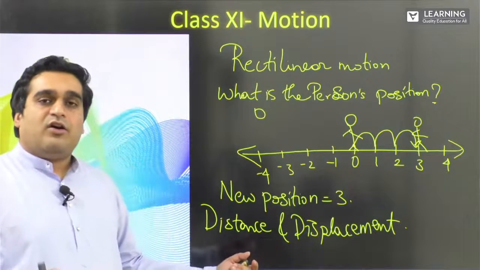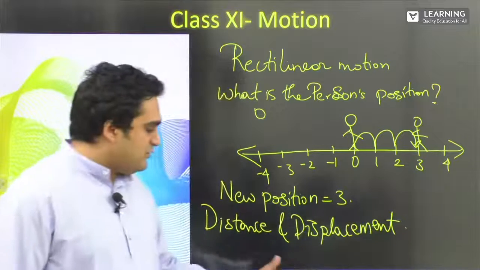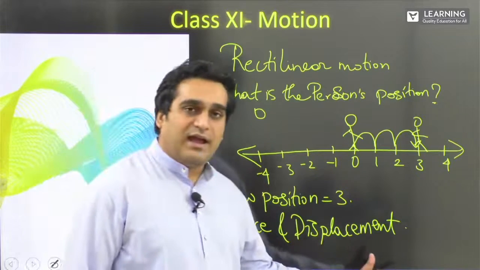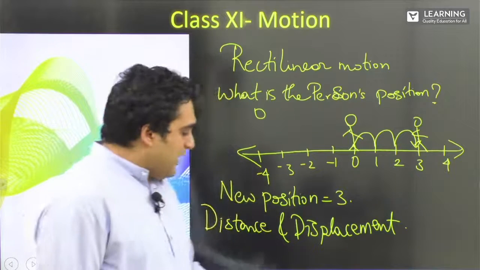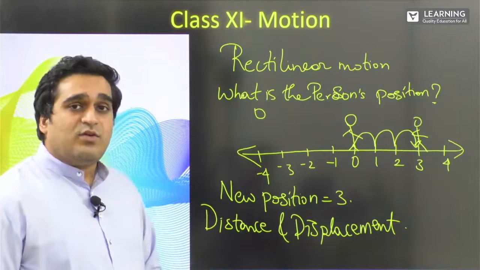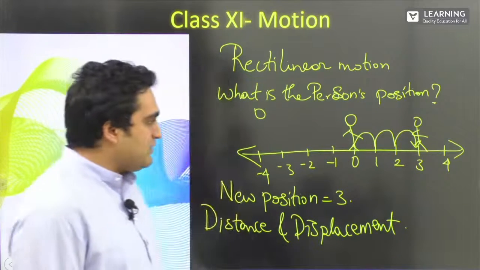To find how much the person has traveled, we use the terms distance and displacement. All right. So now first let us understand what is distance, and then we will learn what is displacement.